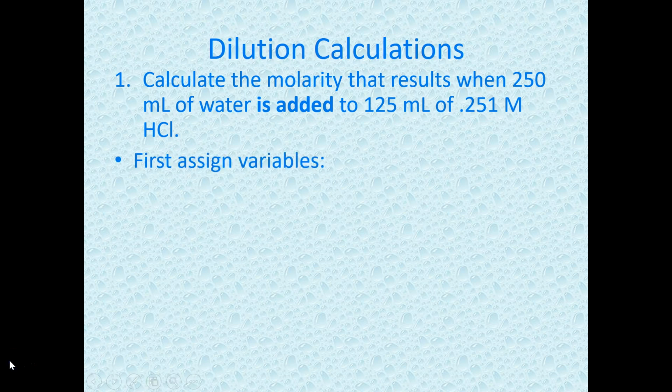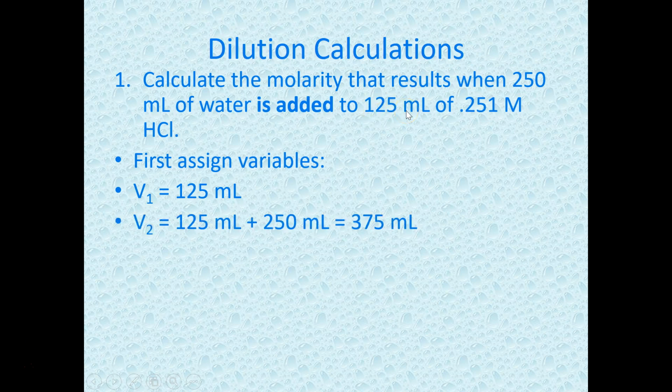So first we're going to assign our variables to figure out what everything is. V1 is our 125 milliliters. V2, because we are told water is added, is our 125 originally, and we're told 250 milliliters is added. So we add that in to have 375 milliliters.